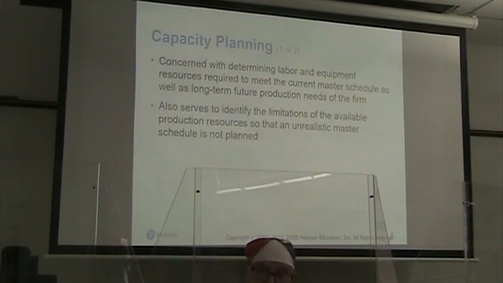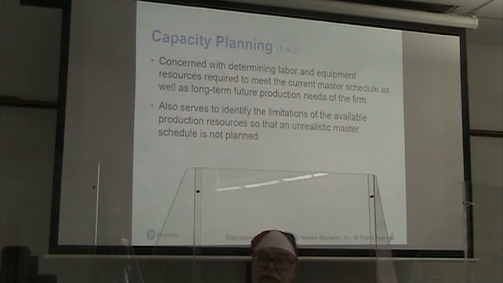Well, that brings us to capacity planning. In capacity planning, we determine what labor and equipment resources are required to meet the current master schedule as well as long-term future production needs of the firm. Okay, well, that's exciting.